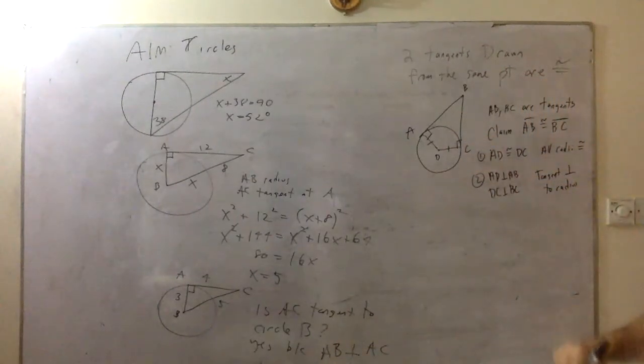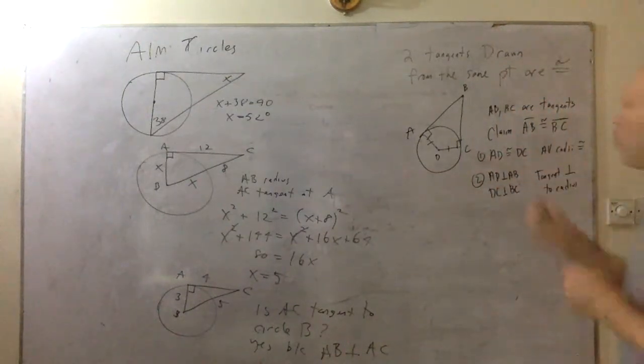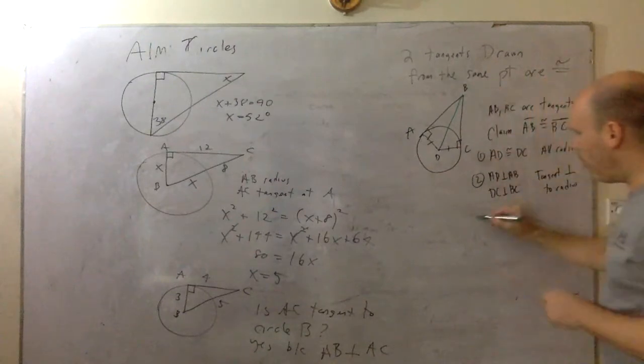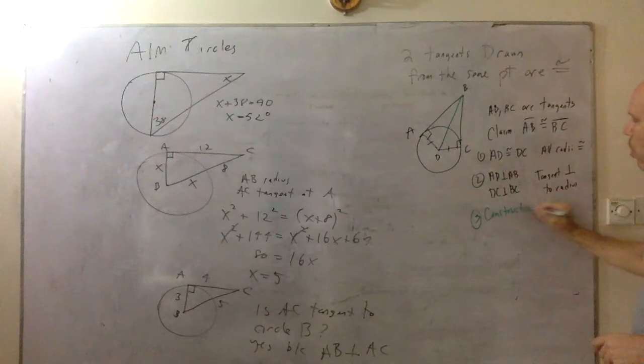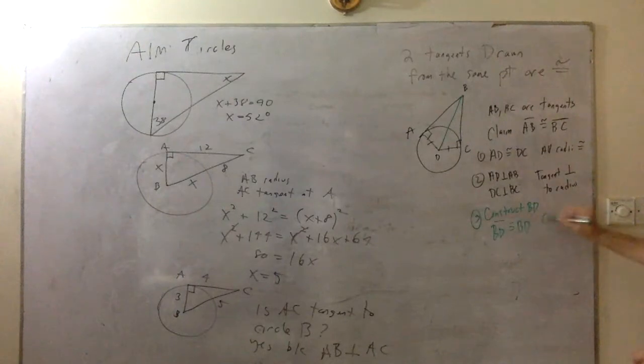Well, obviously in proofs, it always comes down to triangles. Let's draw this line in here. Construct BD, and then say that BD is congruent to BD. Why? Reflexive.